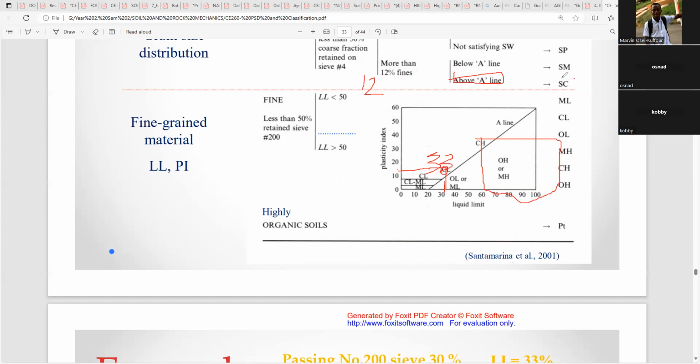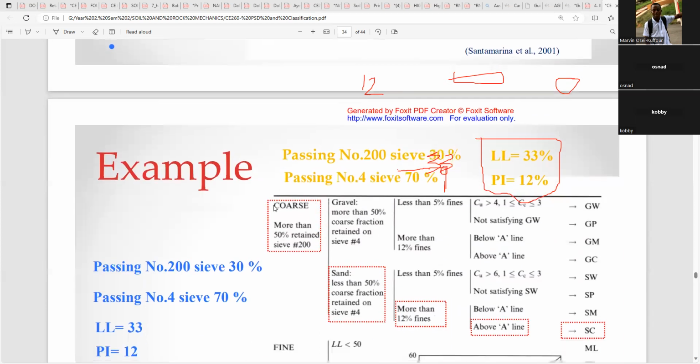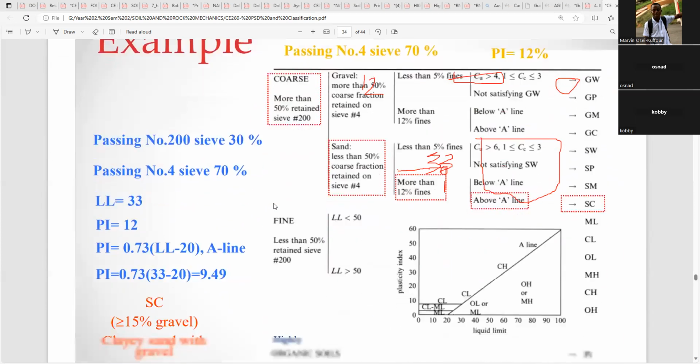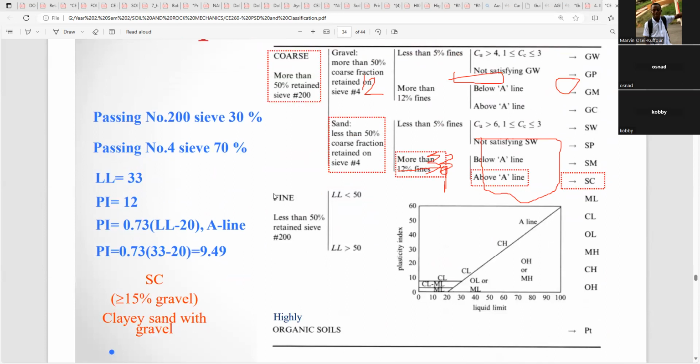And we've classified our soil to be SC, which is sandy clay or clay sand, something like that. Okay, clay sand.